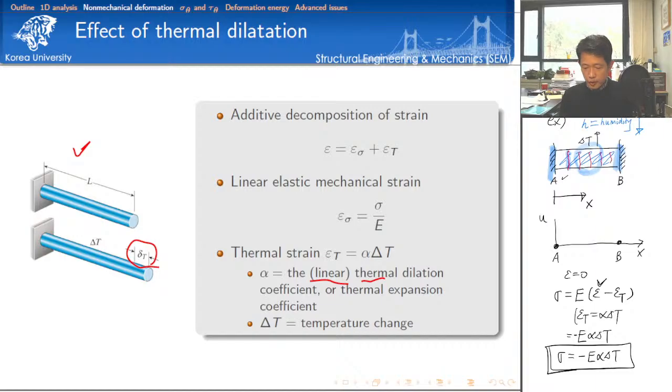Okay. If humidity drops, then the shrinkage cracks develop. Such kind of crack is called shrinkage crack. Okay, and shrinkage cracks are one of the important subjects to be discussed in concrete engineering.